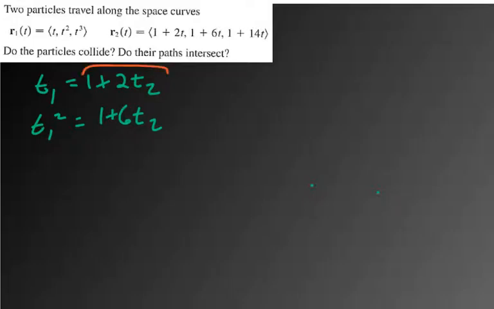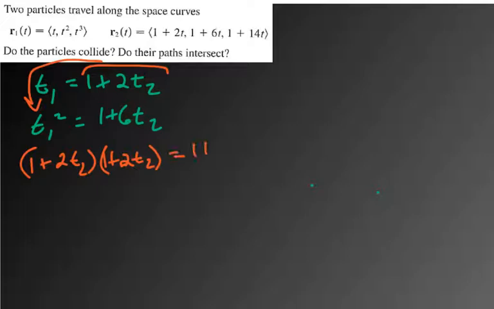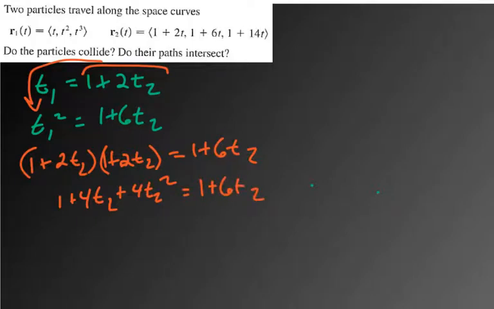And so now I should be able to solve for t1 and t2. I probably would take this and just do substitution. So 1 plus 2t2 is 1 plus 2t2 squared. And then I would get on the left here 1 plus 4t2 plus 4t2 squared. And then I'm probably going to move, so those ones actually cancel.